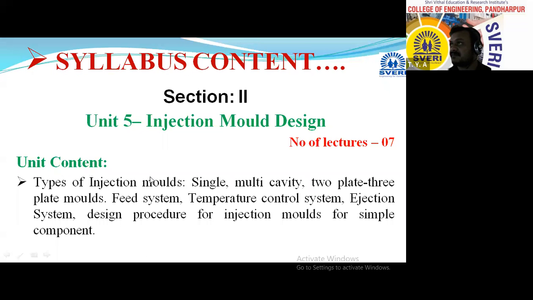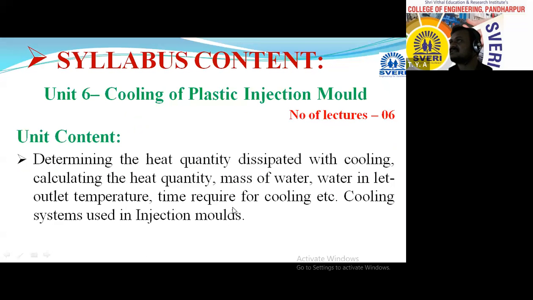This is the fifth chapter, and in the sixth chapter, for the plastic injection molding process only, here we are going to discuss how to determine the suitable cooling system. A number of cooling systems are there.